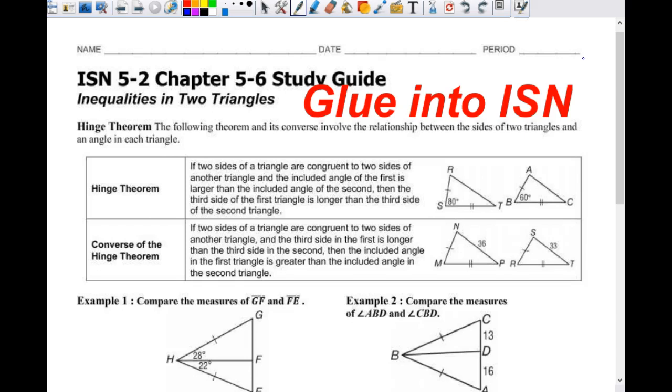Okay, let's do some examples. On this first example, the first thing to do for hinge theorem is you have to find two pairs of congruent sides. This is congruent to this. This is congruent to this.